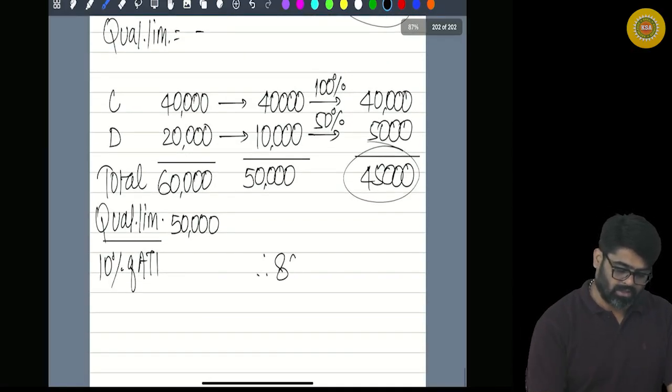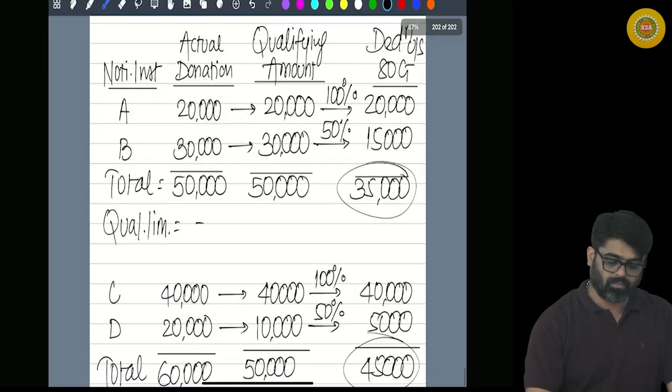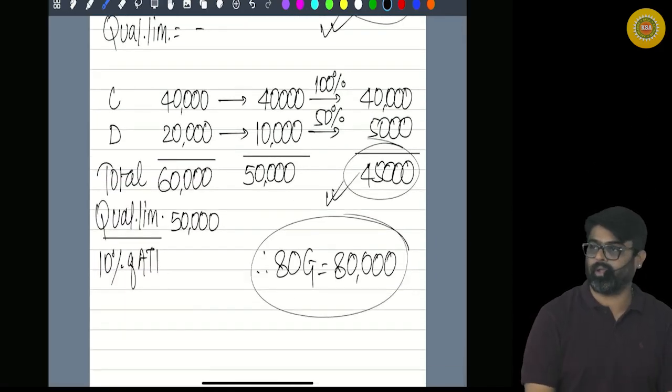Therefore, deduction under ATG will be 80,000. How come? A and B both taken together 35 and C and D both taken together will be 45.